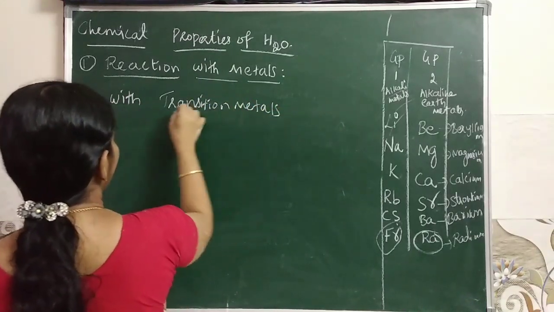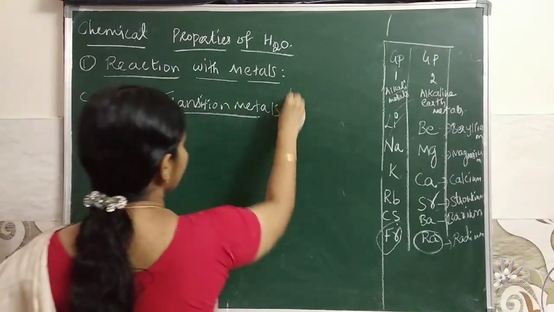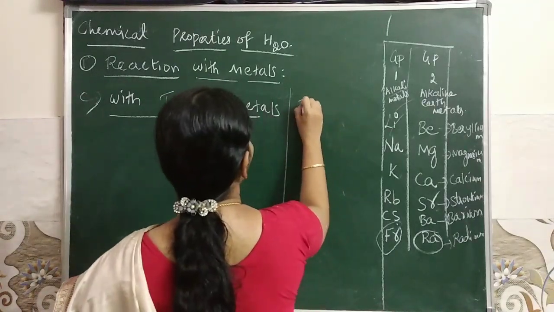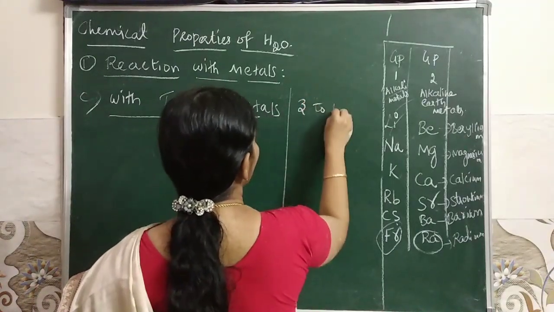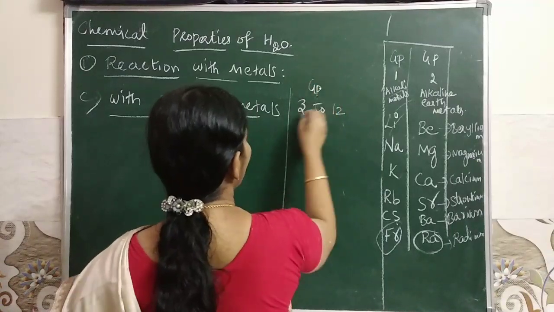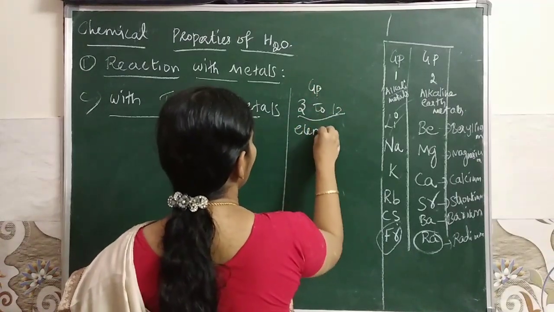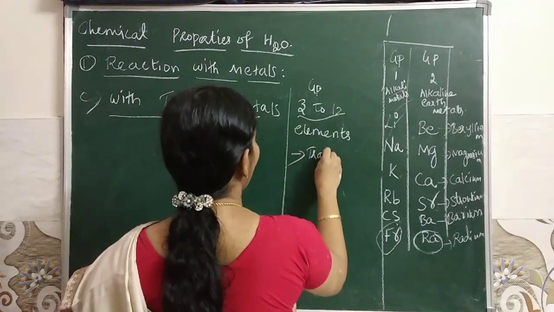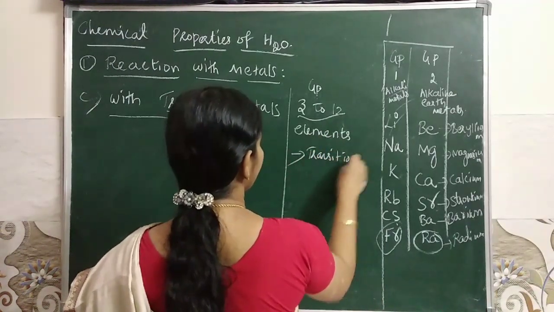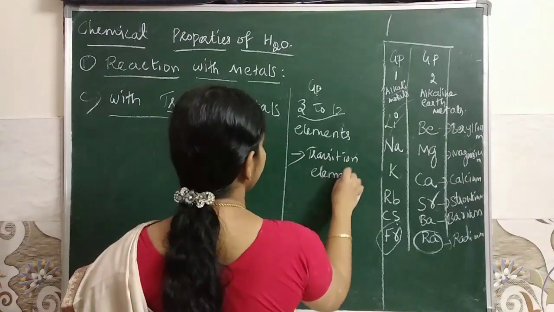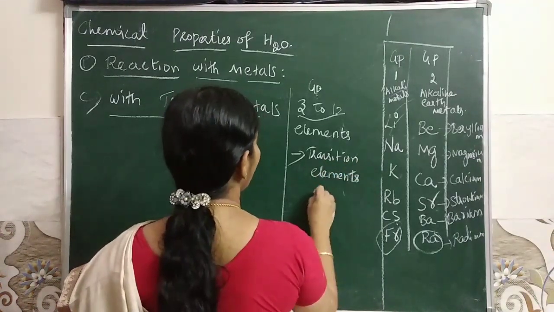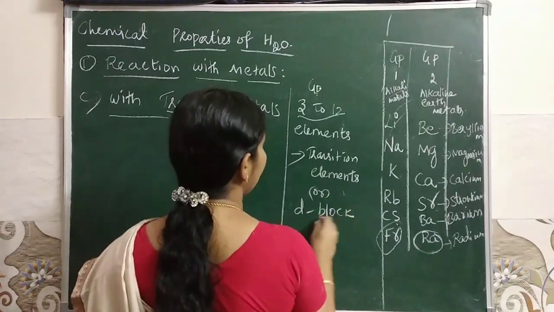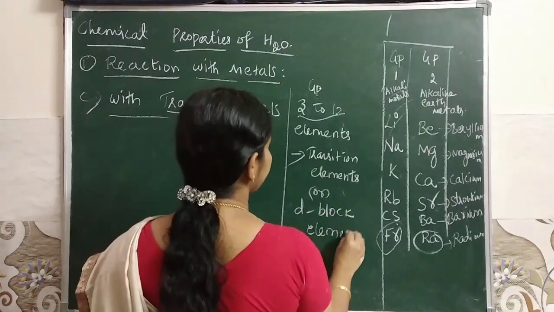Transition elements or transition metals: in the periodic table, groups 3 to 12 are known as transition elements, or d-block elements.